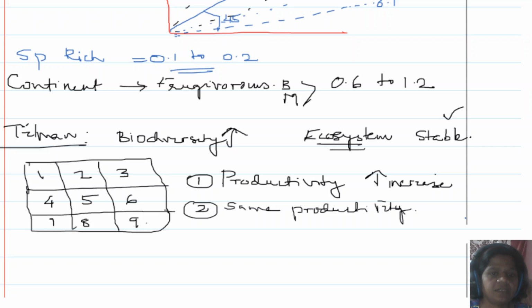So instead of getting less crop one year, more crop another year, if your plot has more diversity, then your biomass or the productivity would be the same.